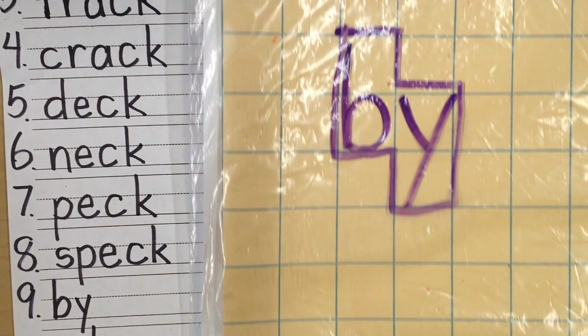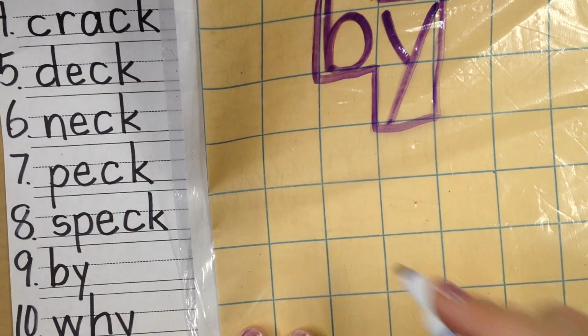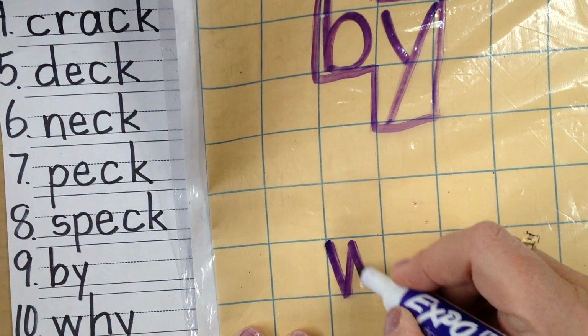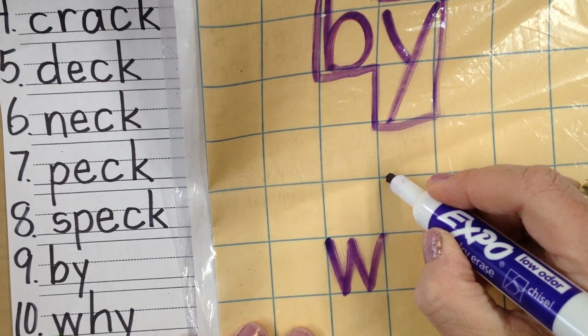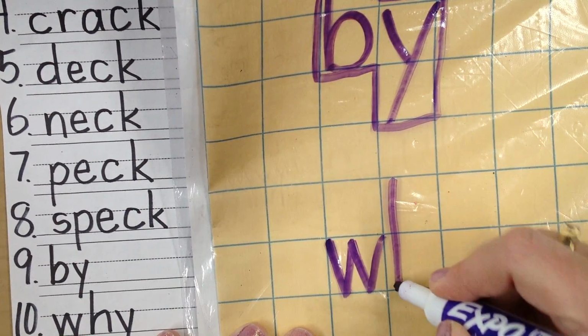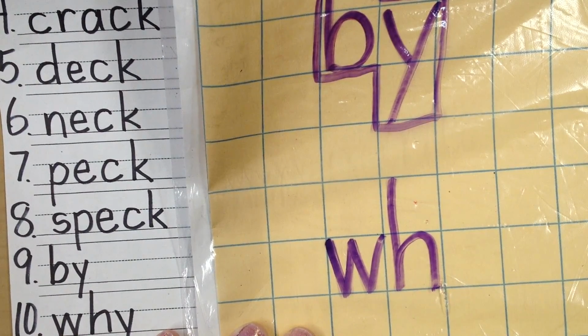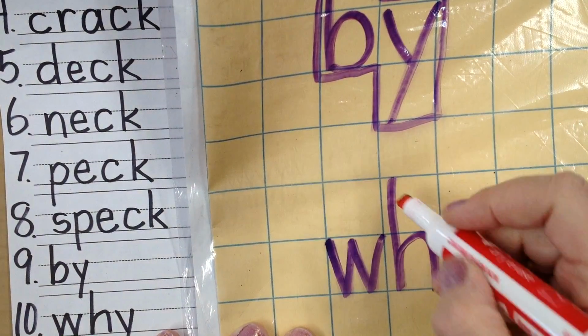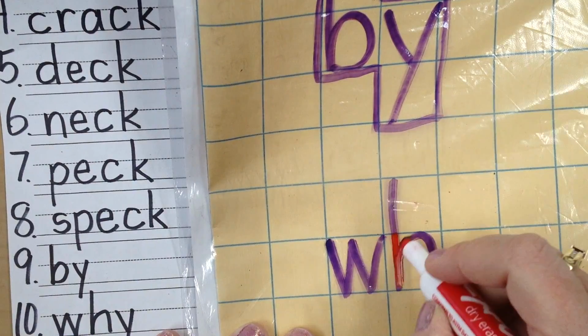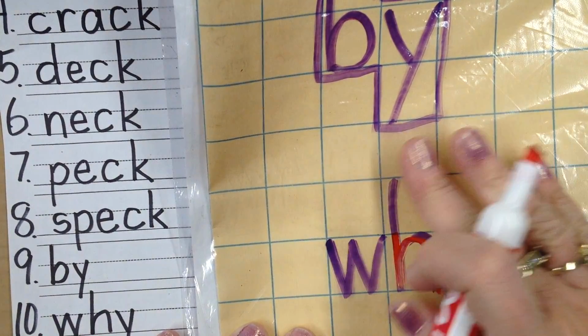By. And our last word this week is why. So you have a W, it's a short letter. H is like our K, it has a tall part and then a part that's short. If you make this line too short, like here, then it would look like an N. So you have to be careful.